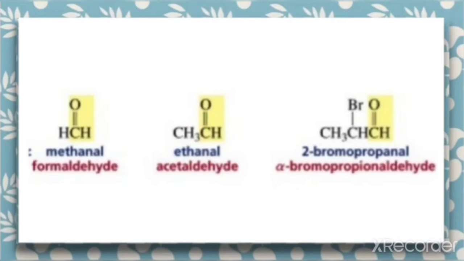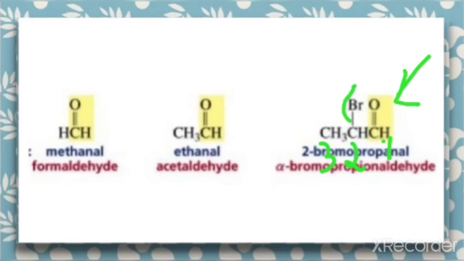Now in the third example, the aldehyde group carbon is the first carbon, this one is the second carbon, and this is the third carbon. So there are a total of 3 carbon atoms, and as the functional group is aldehyde, you need to start the counting from the aldehyde group. So that carbon will be the first carbon.